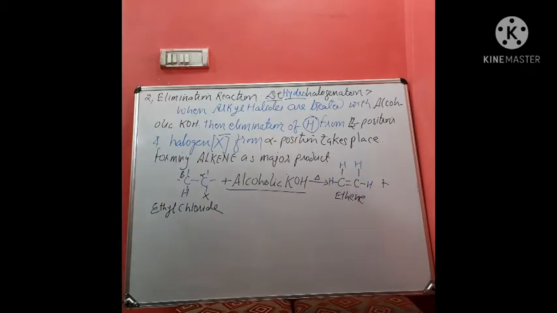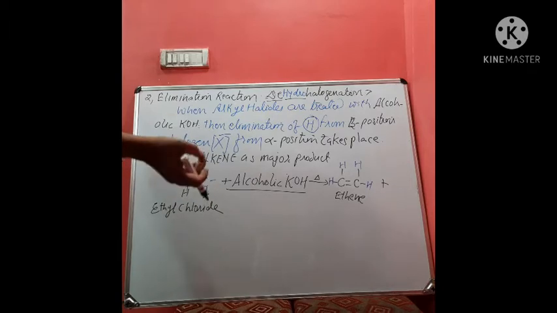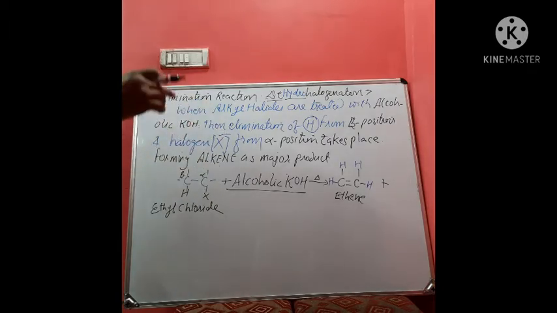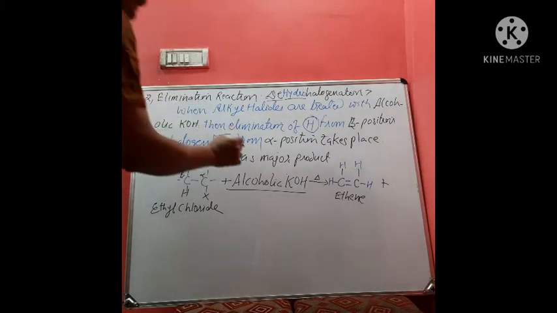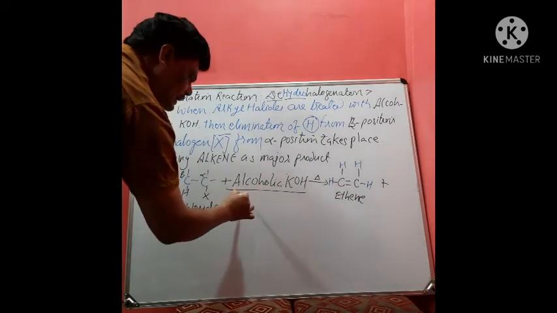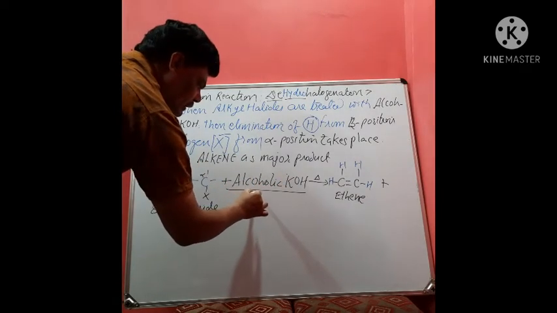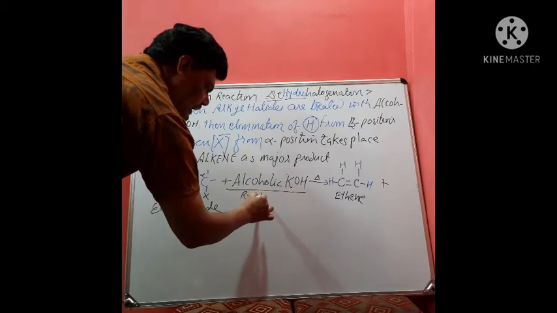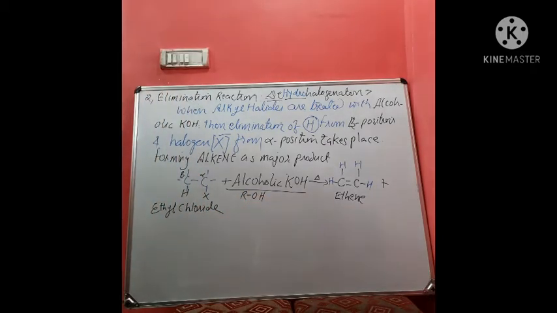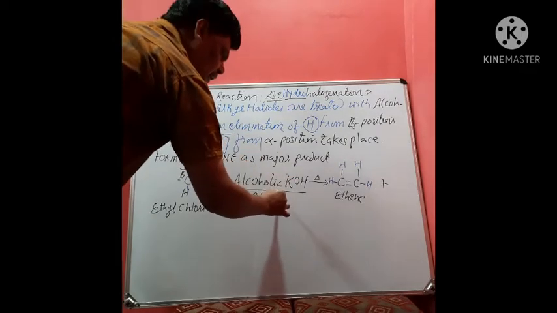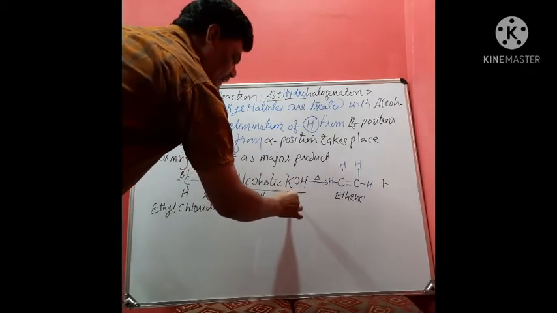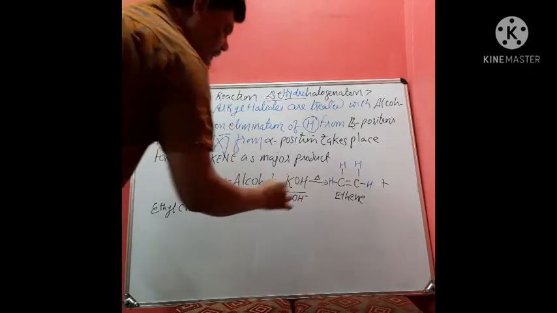Ethene. Now what about H and X? Whether they simultaneously react with each other? In fact, no. In alcoholic KOH there is ROH, and KOH produces K cation plus OH anion.